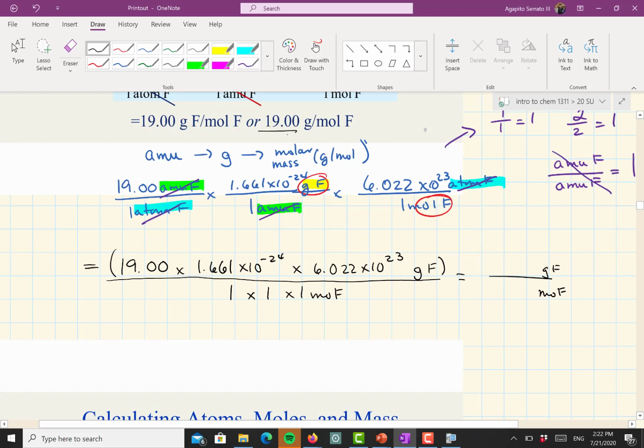The slide had already told us that we were going to get 19.00 grams for every 1 mole of fluorine. So when I multiply this top part all the way across, I come up with 19. The bottom part is just 1, so we can rewrite this a little bit more cleanly. This is 19.00 grams per mole of fluorine. And that's our final answer.